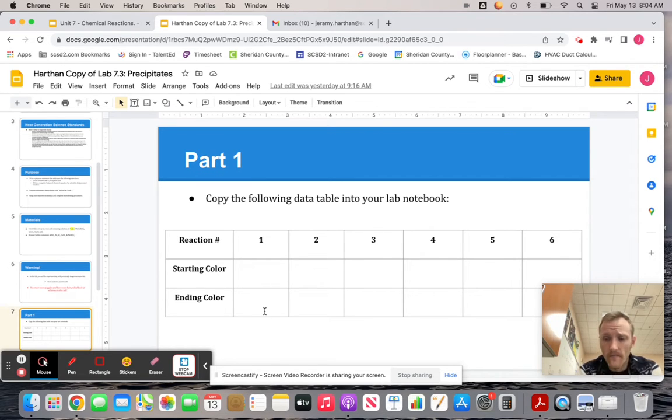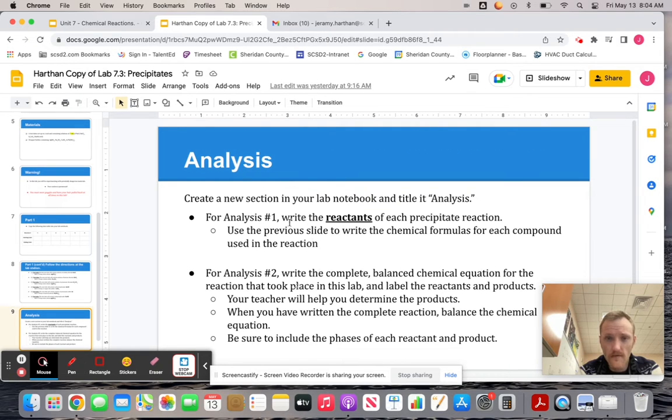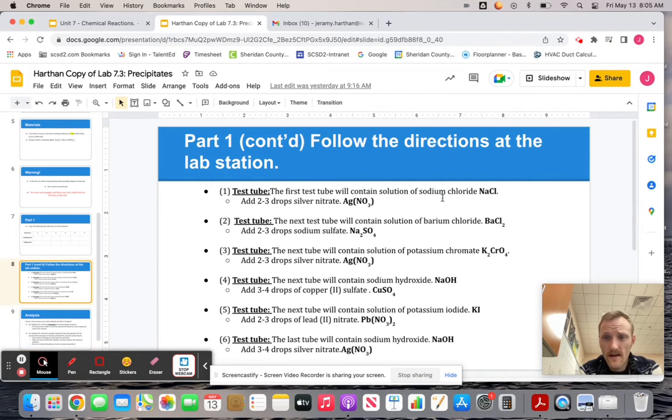Now, the very next thing, for the analysis, it says write the reactants of each precipitate reaction. Use the previous slide to write the chemical formulas for each compound. What that means is this is giving us the reactants for each chemical reaction that we're going to do. Remember, the reactants are the things that go into the reaction.